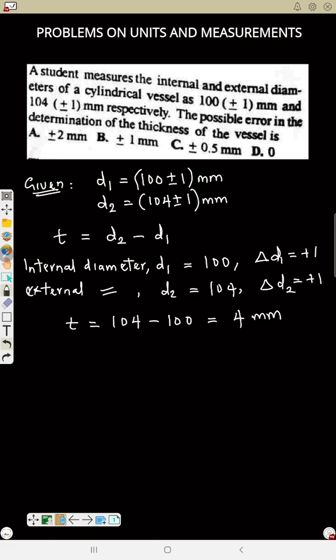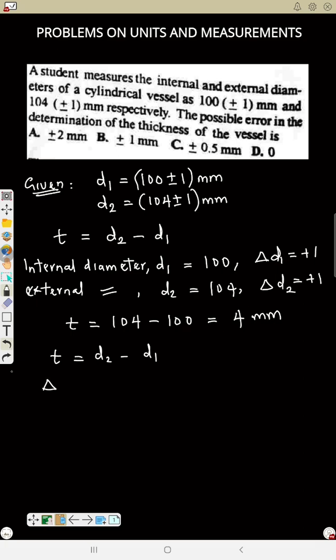Now to find the error, we have T is equal to D2 minus D1 based on what we showed in the error analysis.